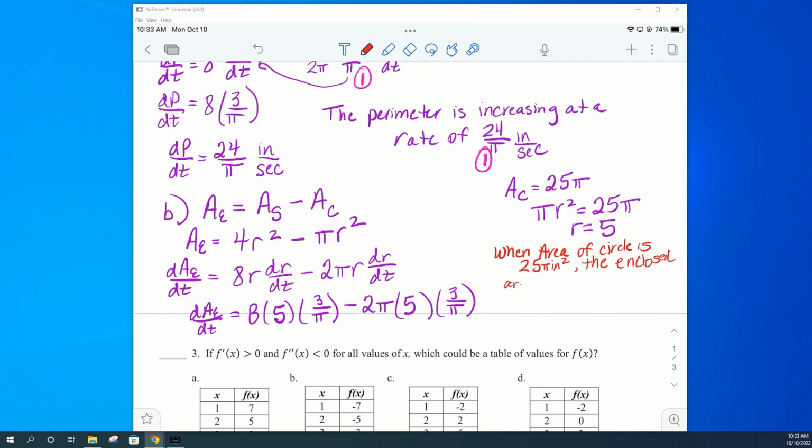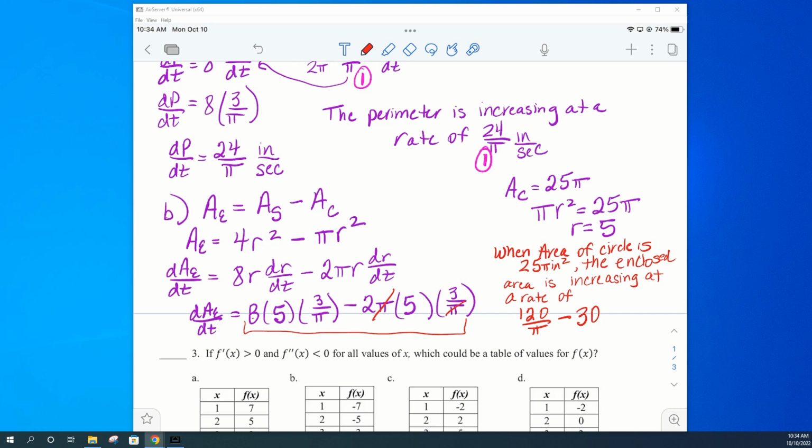The enclosed area is increasing at a rate of, now I'm going to simplify a little bit. Technically, could I write the answer like this? I totally could. I'm going to do just a little bit of simplifying. It's not too hard. 8 times 5 times 3, that's 120. That's 120 over pi minus, those pi's cancel, 2 times 5 times 3, that's 30. I'm going to write it like that.